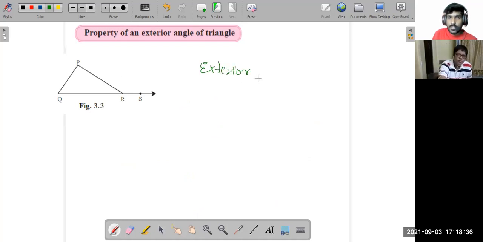PRS. Yes. So the exterior angle is angle PRS.